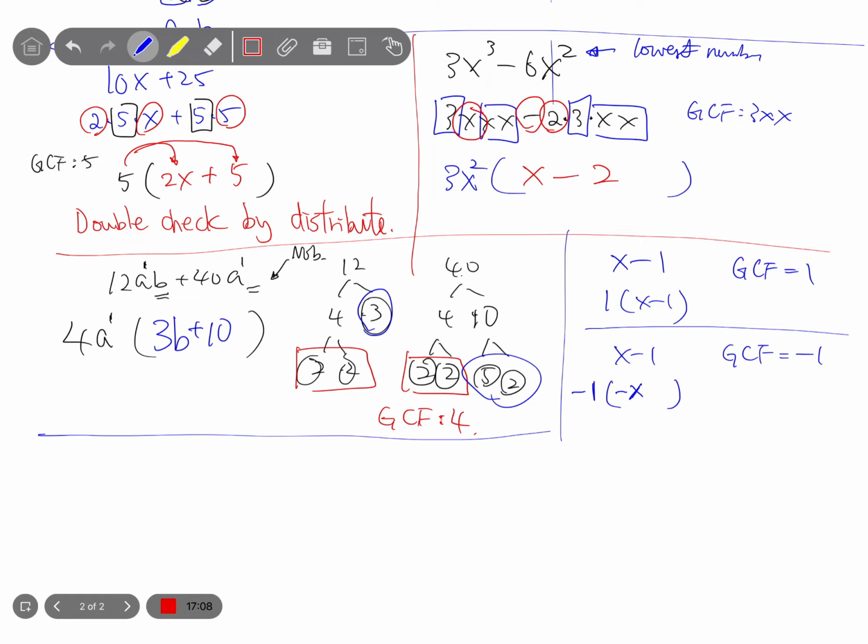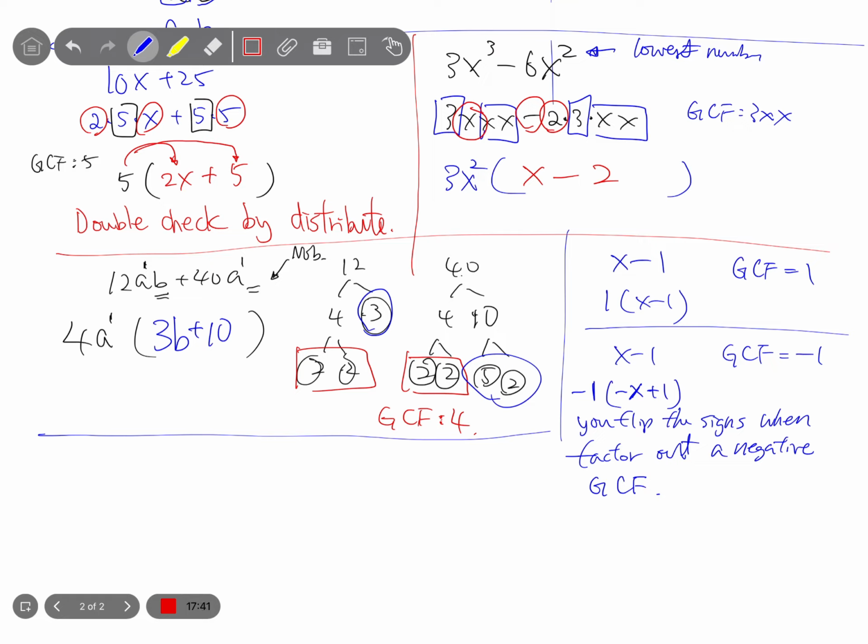Well, anything times 1 gets itself, so negative 1 times a positive 1 will give you a negative 1. So essentially what happened here is you flip the signs when you factor out a negative GCF. The signs will change.